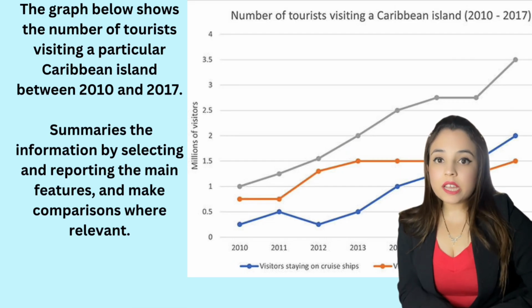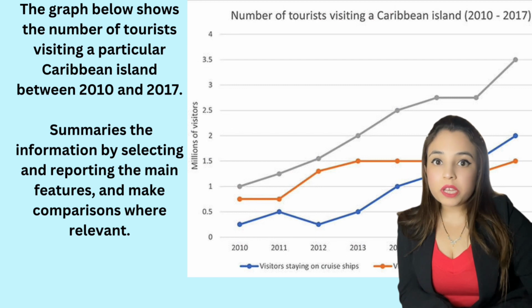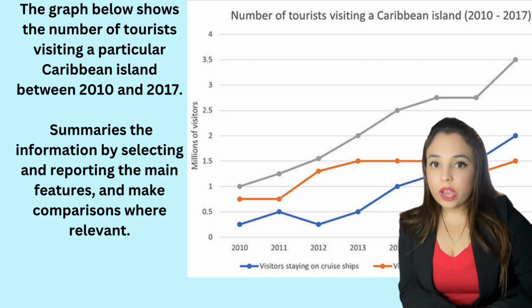Each question in task 1 will have 2 parts. One will be the question prompt and the other one will talk about selecting and reporting the main key features of the data. So in this question also, the question states 2 statements. The first is the question prompt and the other one is the reporting of the key features.